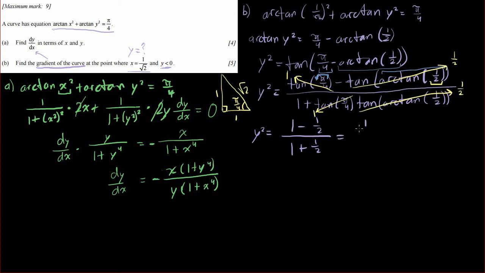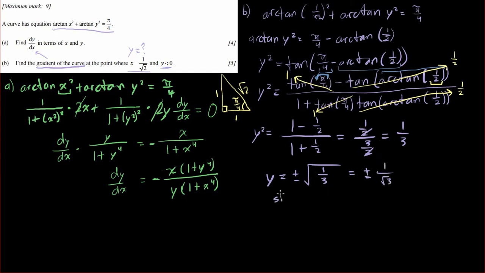So that's 1 over 2, that's 3 over 2, these 2's will cancel, and so we'll have 1 over 3. Y squared equals 1 over 3, and so then y is equal to the positive or the negative square root of 1 over 3. And so we can write that as plus or minus 1 over root 3.